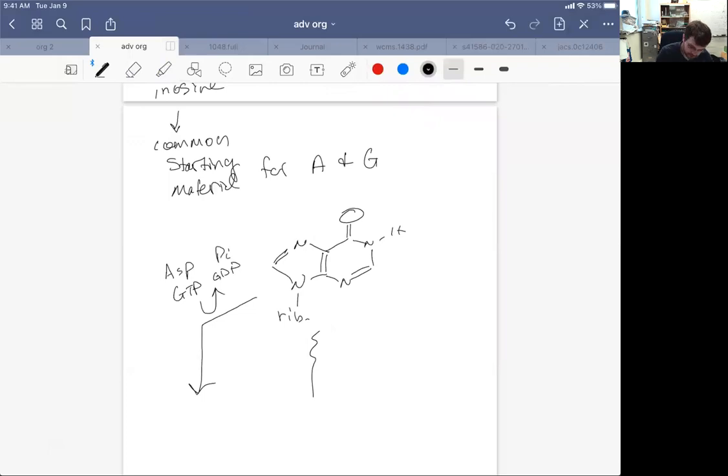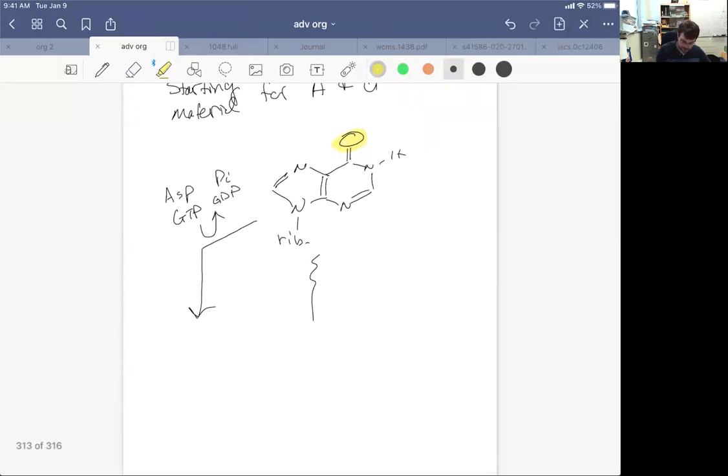That's going to convert this amide oxygen into an iminophosphate, which we can then adduct with aspartate to form what's called adenylosuccinate, and it's very close to adenosine. So that nitrogen that I just wrote is the nitrogen of aspartate.